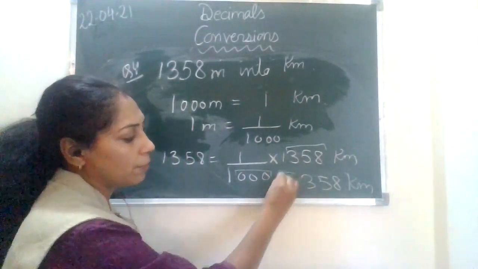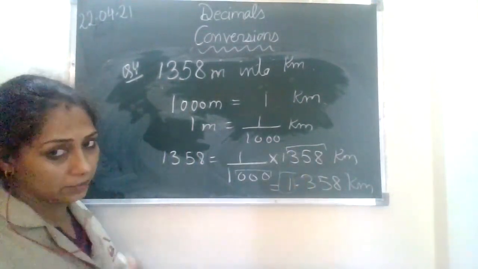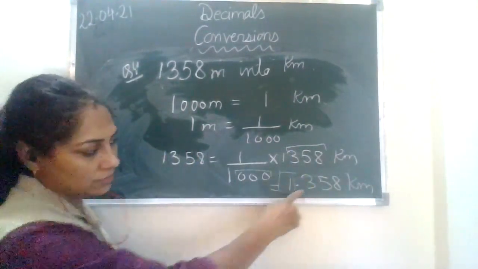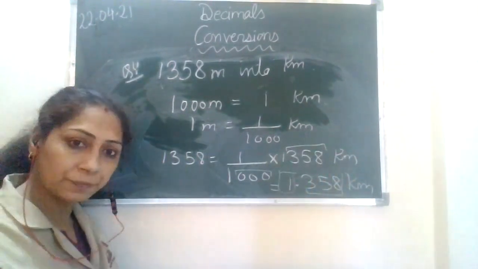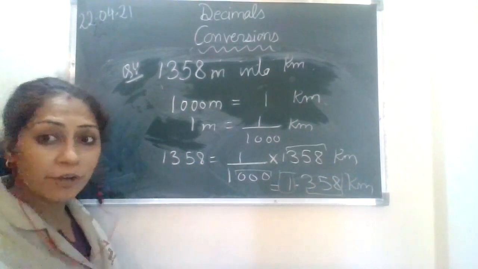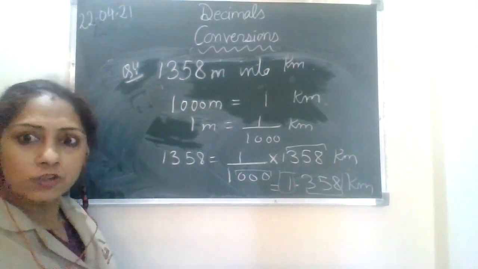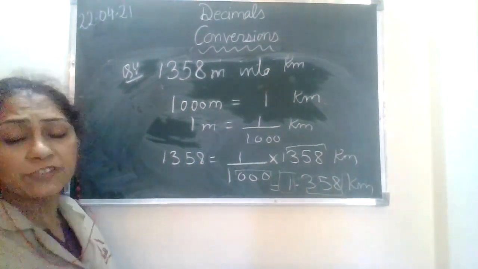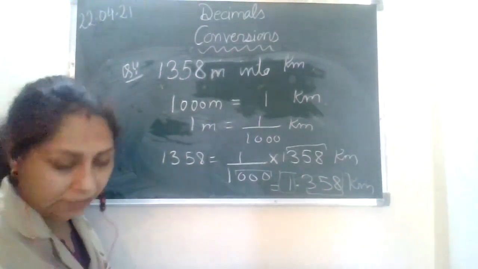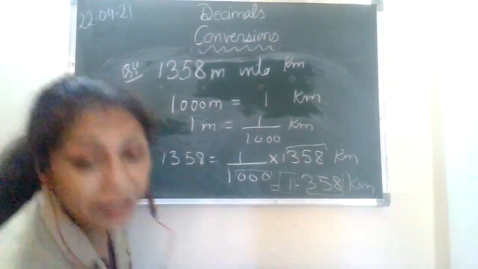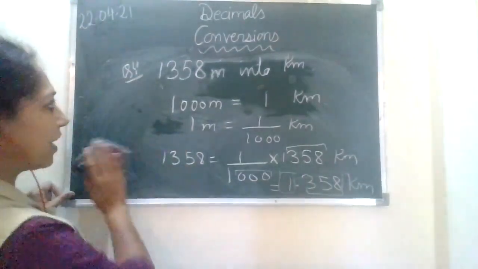So in the whole number, 1 kilometer is complete, and the 358 is not complete, so it is in the decimal part. You can always see it that way also. So these are the 3 conversions regarding your length. Please practice it. Take these same numbers and do it 4-5 times, but get proper training of that.